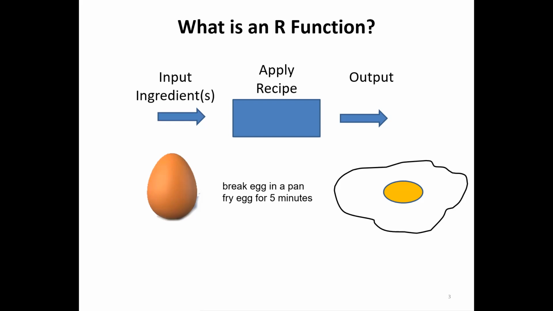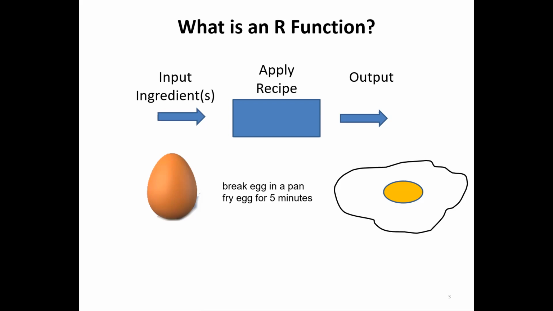It can be another data set that's now processed, a statistical model, a visualization of the data or of the model. You name it. It can be a report, whatever you need it to be. But those are the key components of an R function: the input ingredients, and the step-by-step instructions, or the recipe, for how to use those ingredients to create your output.